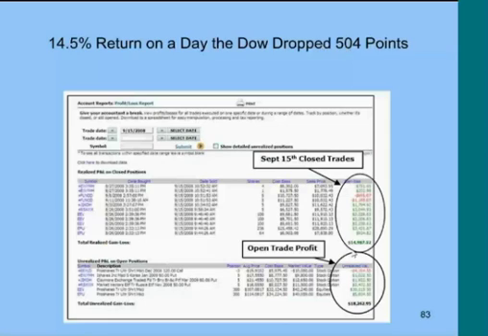And I closed out trades that day totaling over $14,900 in profits after commissions. And I had an open trade profit of $18,262. So I had a 14.5% return on the day that the Dow dropped 504 points. So that shows you the advantage of taking these short positions during down markets.